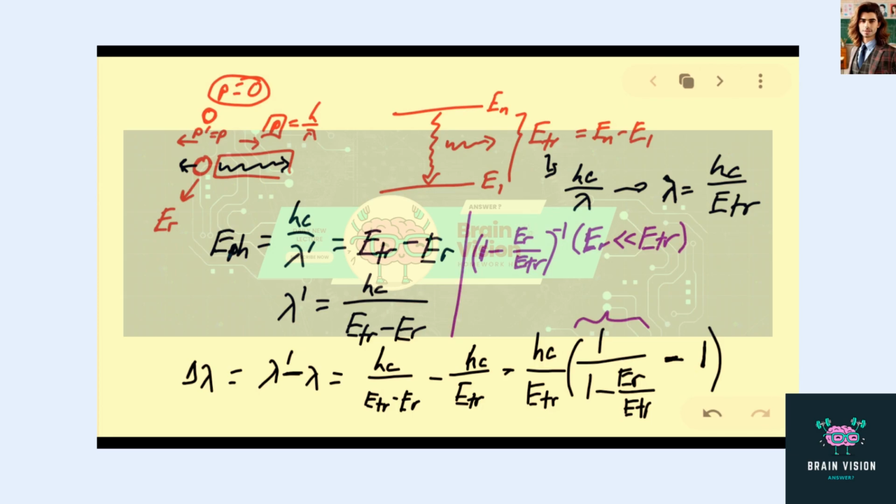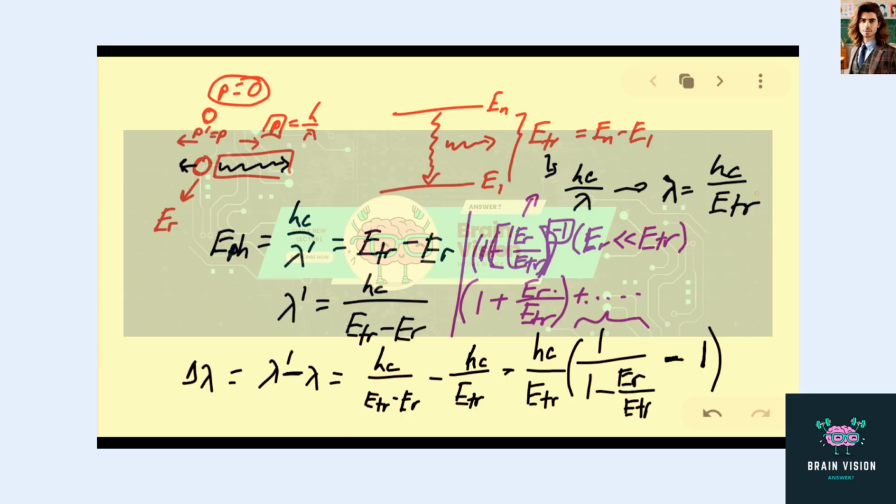Using this assumption, this will be a very small value, and we can use binomial expansion or just Taylor series expansion to expand out this bracket. We take 1, plus the second part of the term times the power, bringing down the power, plus so on and so forth, but we're going to truncate the expansion at the second term.